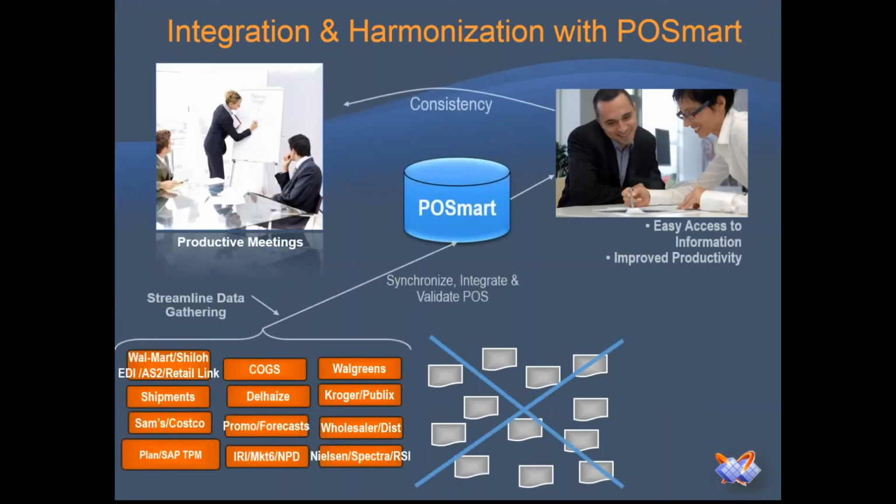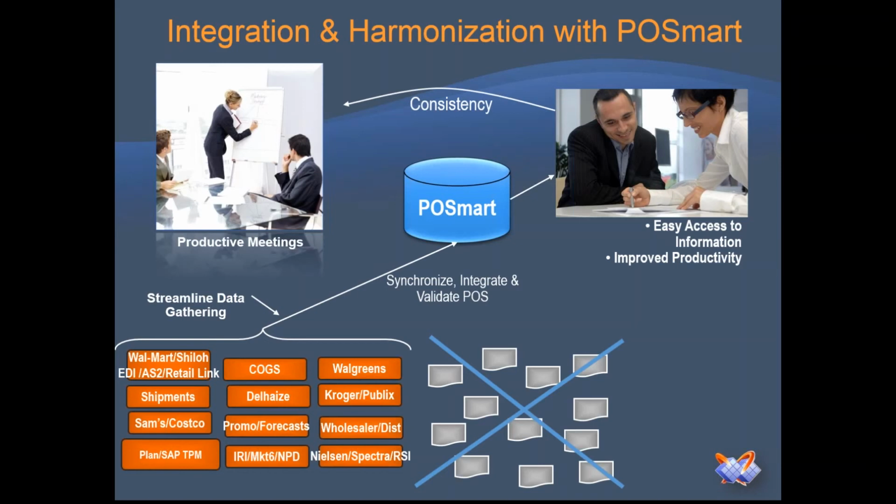And then what we're doing with our application and with our core architecture is we're streamlining that whole data gathering process. So when we're using point-of-sale data, we pull it into our smart solution architecture, and under this umbrella, we call it POSmart. We're gathering and pulling together all of that data, and we're harmonizing it to eliminate the issues that we were just talking about in that previous screen.